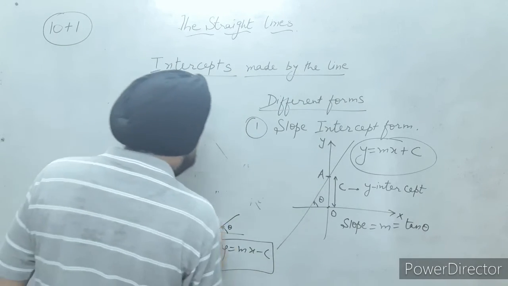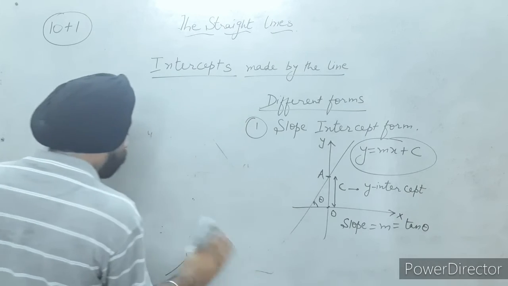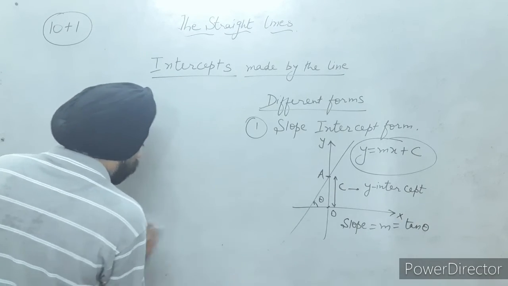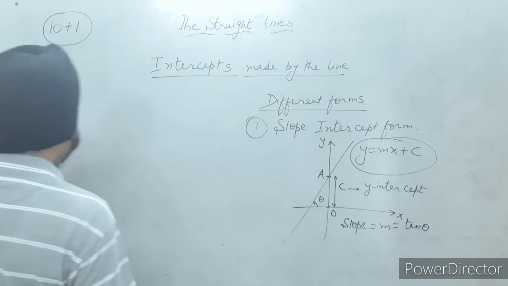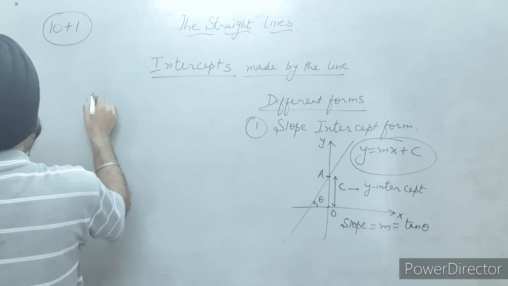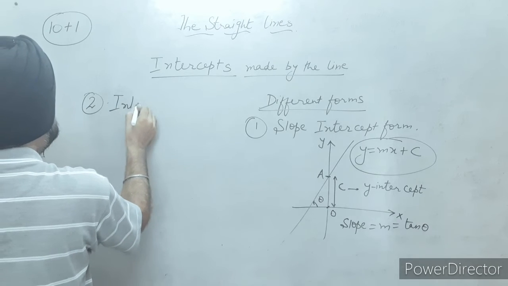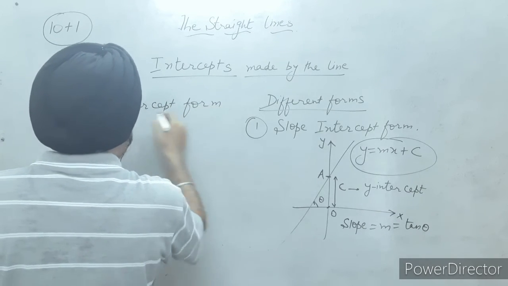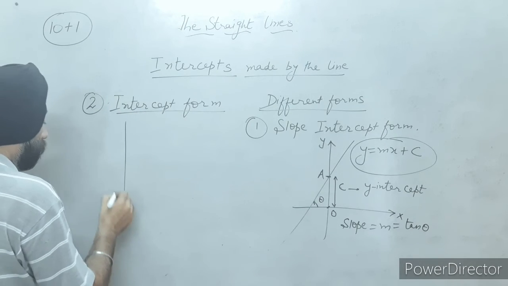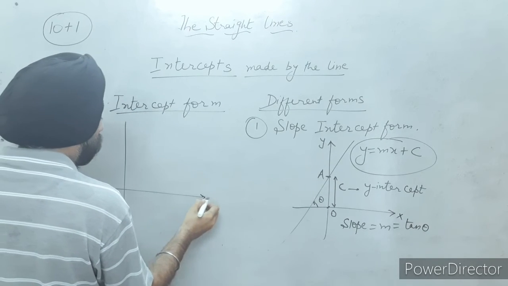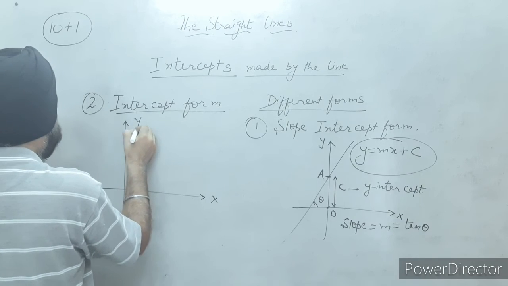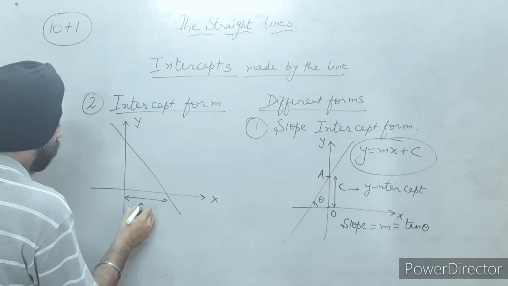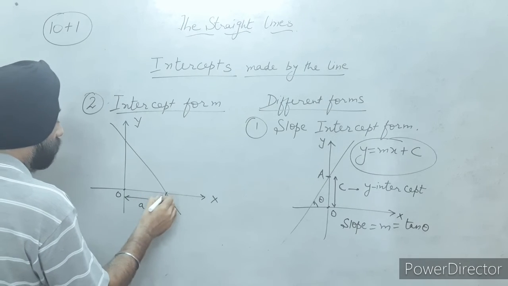Now the second form is what we call the intercept form of a line. This is the x-axis, this is your y-axis, and this is your line which cuts off intercept a on the x-axis.